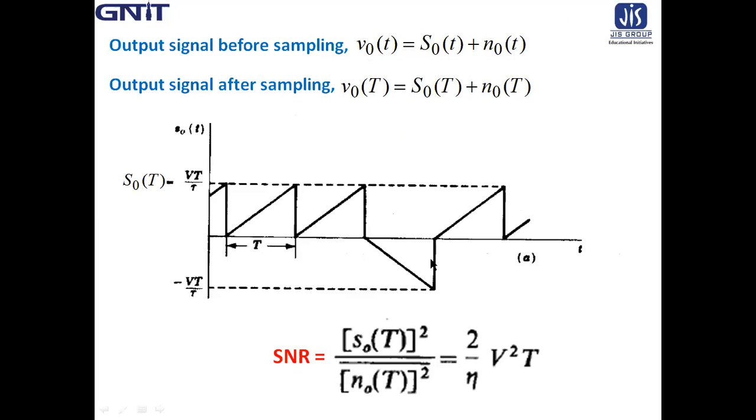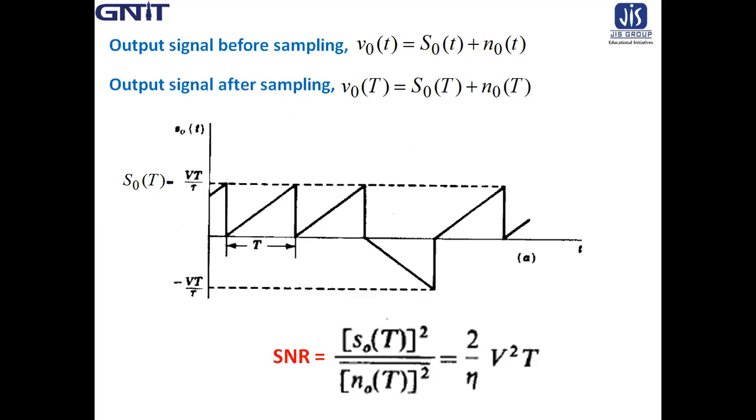Hence, the signal to noise ratio is s0(T) squared, just squaring the signal, divided by the mean square of n0(T), that is the noise variance.